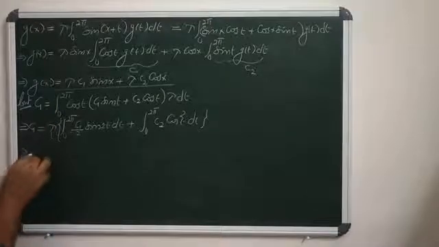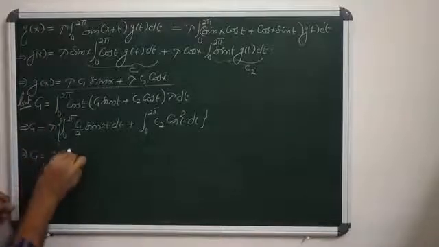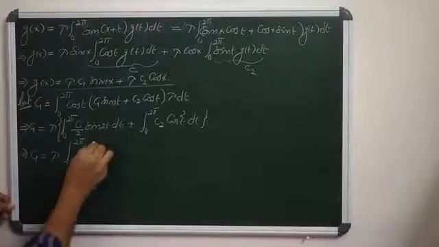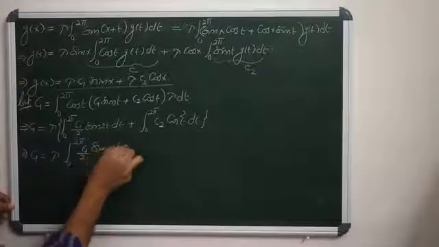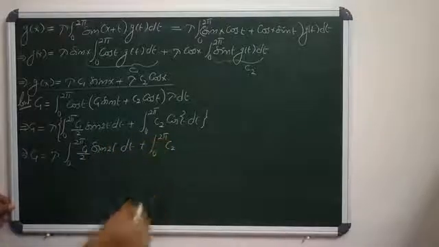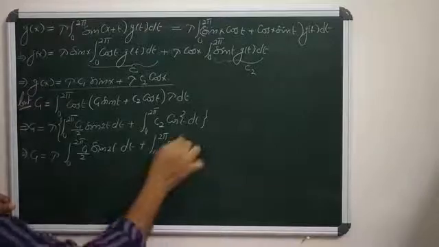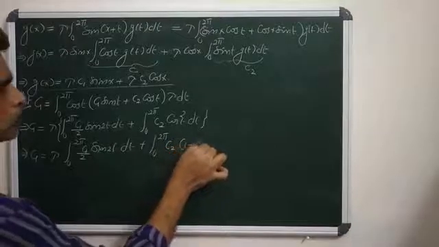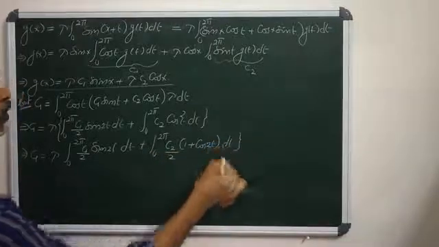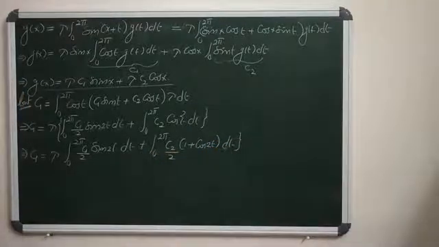Cos square t is (1 plus cos 2t) by 2, so it is C2 by 2 into (1 plus cos 2t).